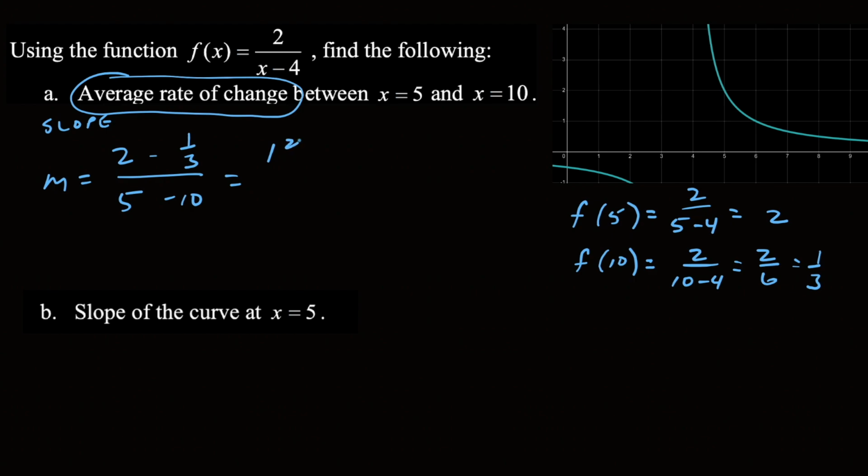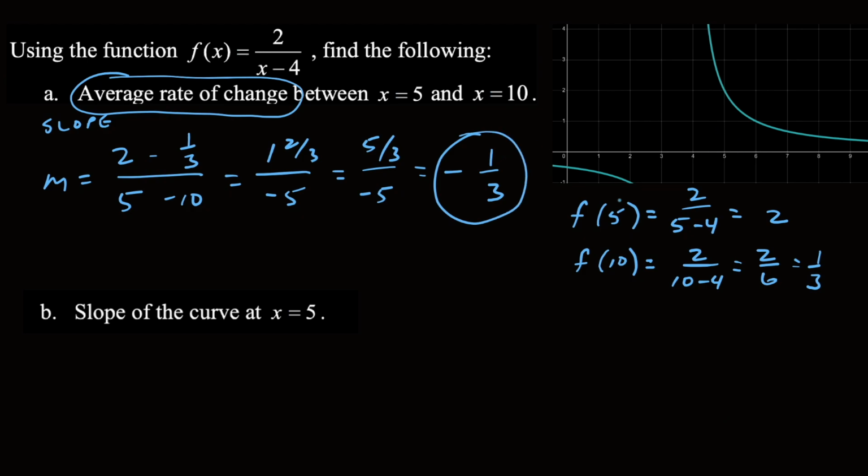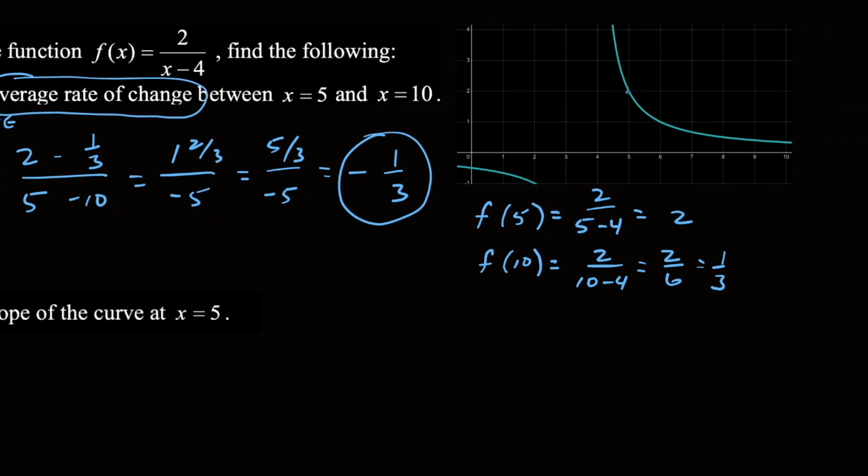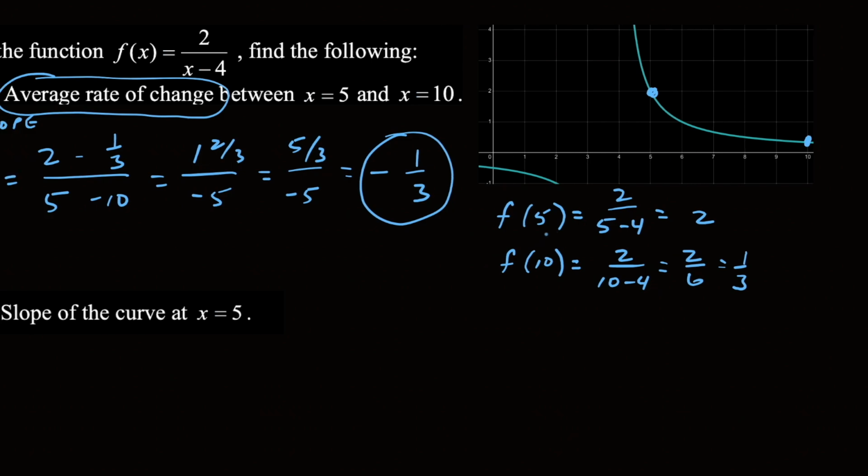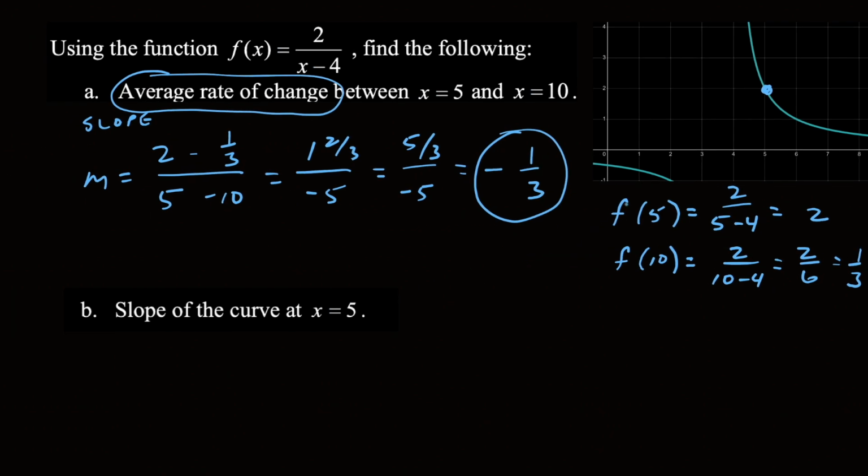So that gives us 1 2/3 over negative 5, which if we simplify, we'd have 5/3 over negative 5, which simply becomes negative 1/3. So that's our average rate of change, which makes a lot of sense because again, we're looking at the point 5,2 and the point 10, 1/3.